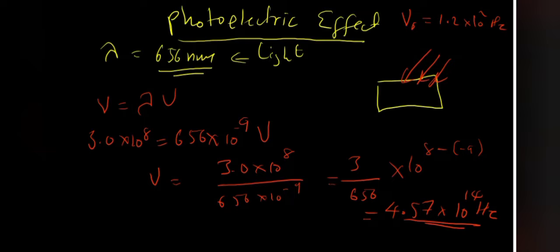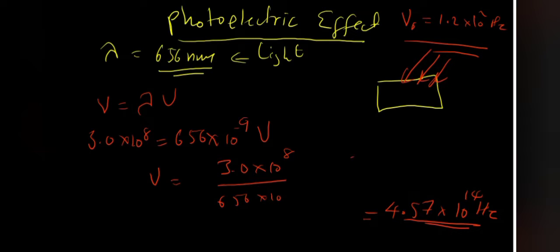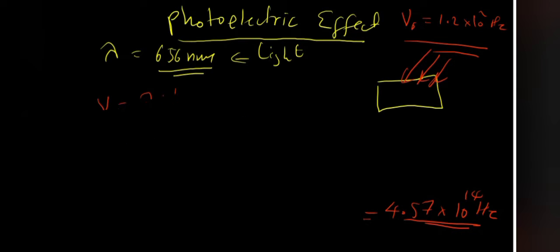Now as we can see, the frequency is greater than the threshold frequency. So the extra frequency will be used for kinetic energy. So let's calculate the kinetic energy of how electrons are going to be moving.